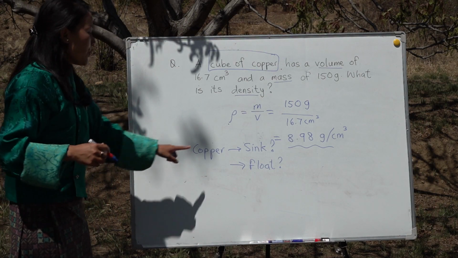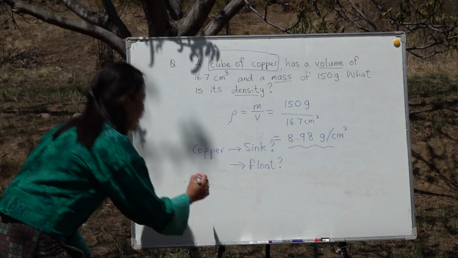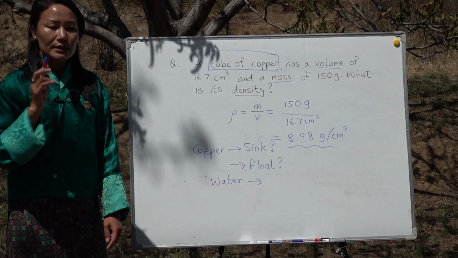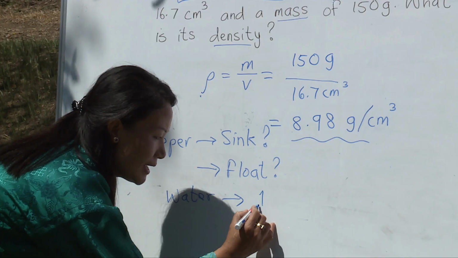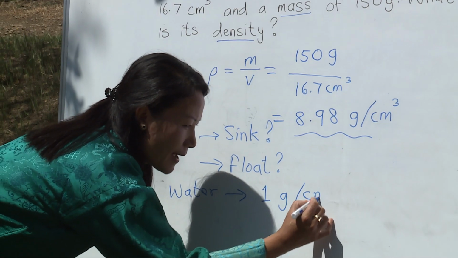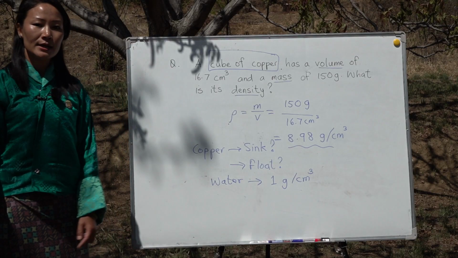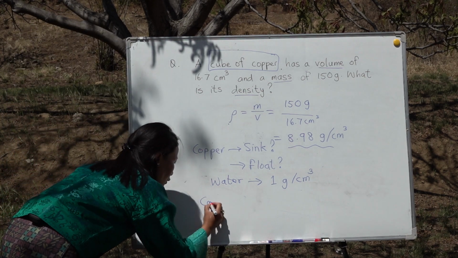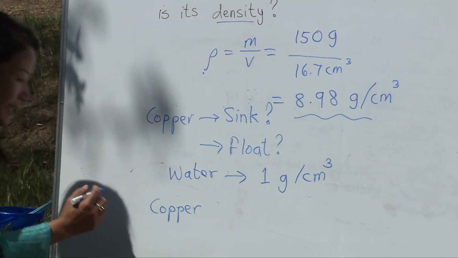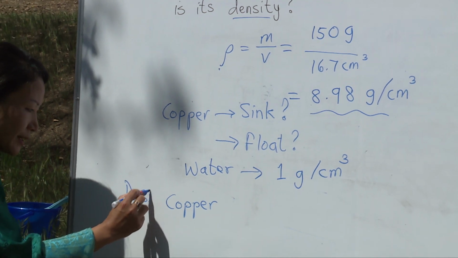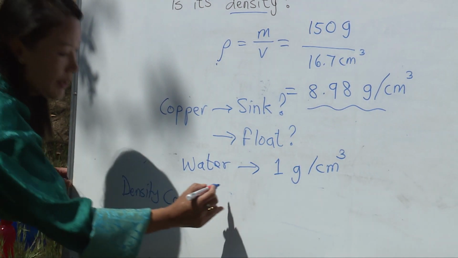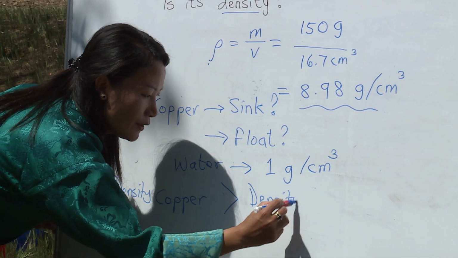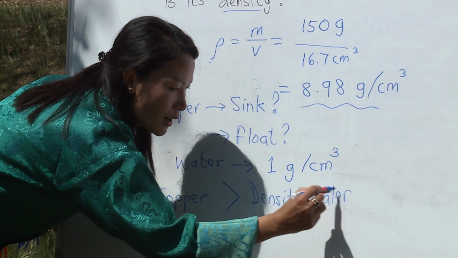Okay, and we are immersing this copper in water. And you must remember that the density of water is equal to 1 gram per cubic centimeter, in which case you learn here that density of copper is greater than density of water.